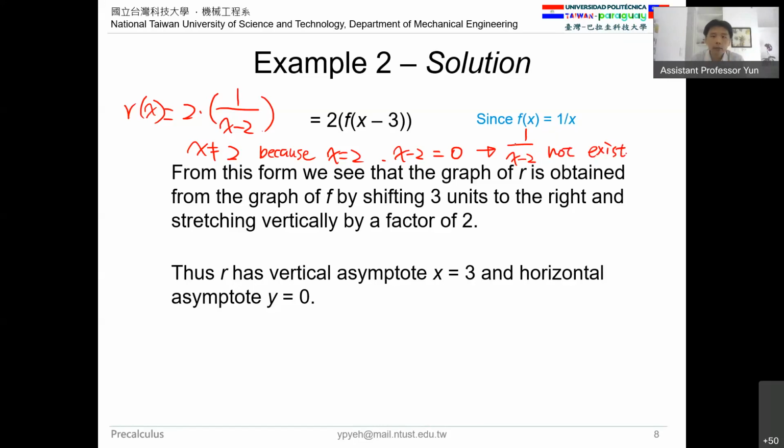So you can see that in this case, this will be the rational function. So x equal to 2 is not defined in this function here. Okay.